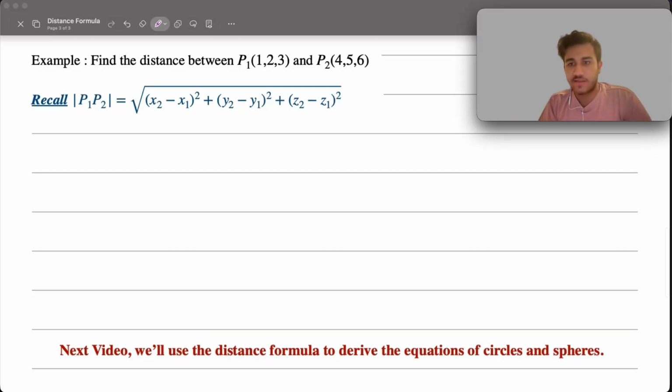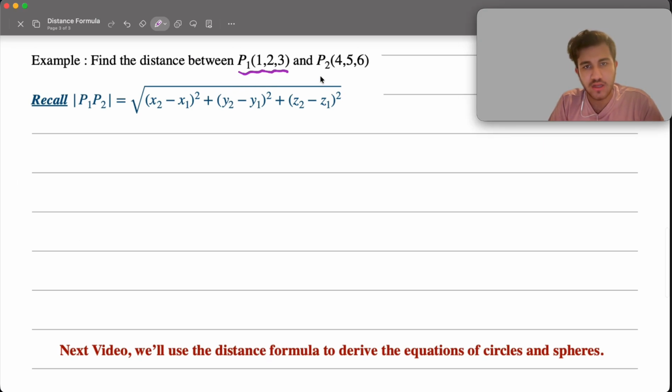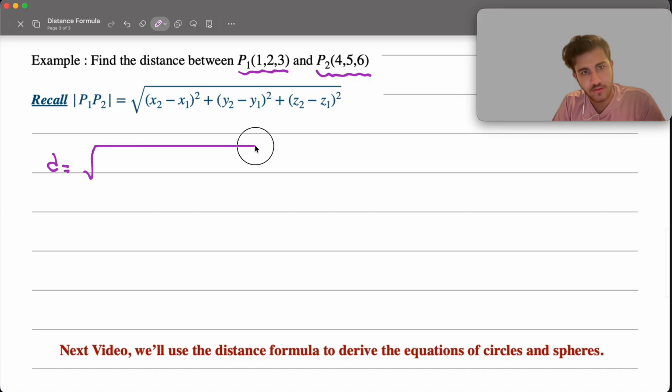Let's just see a practical example and try to solve it. This is really easy to do. So by just recalling the formula, we can just solve this one. So we have the point P1, 1, 2, 3, and the point P2, 4, 5, 6. So the distance between those 2 points is going to be the square root, or let me just draw it in a better way.